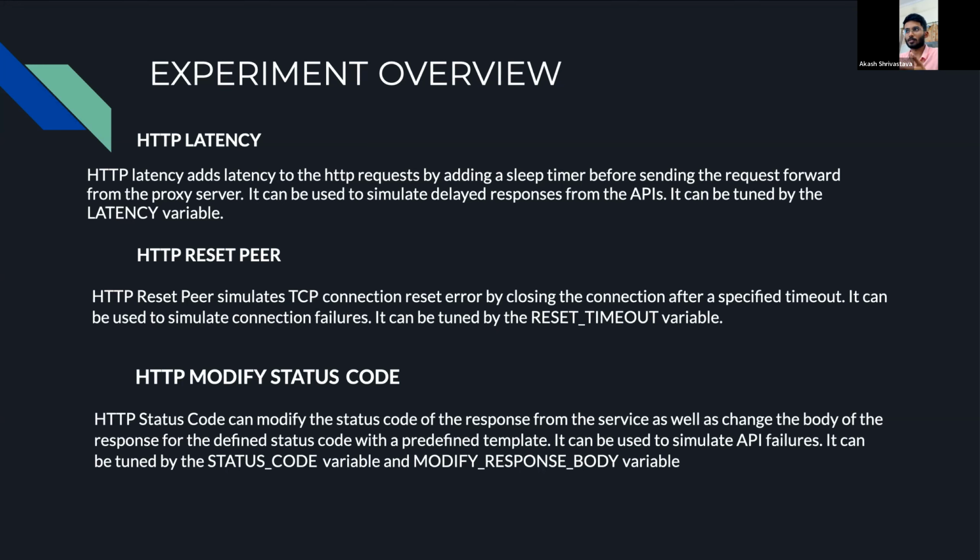Now the ones where we can actually do modifications inside the request. First is modify status code. This experiment helps you modify the status code to any value you want, and after you do that, the incoming request will have that specific error status code with it.